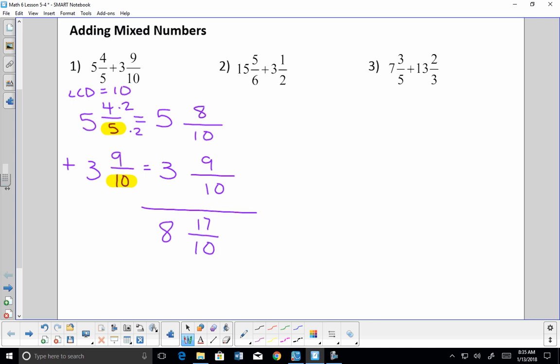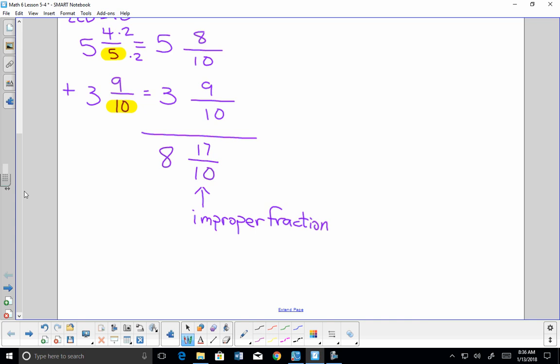But then I look at that and say, wait a second, I have a whole number part, and then I have an improper fraction. I cannot keep it as an improper fraction. So I need to change this improper fraction to a mixed number. I know that 17/10 is 1 7/10.